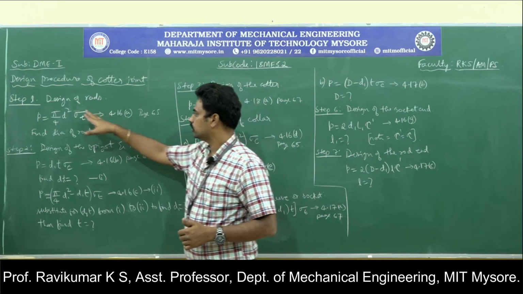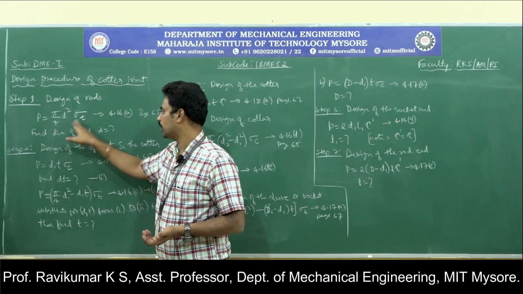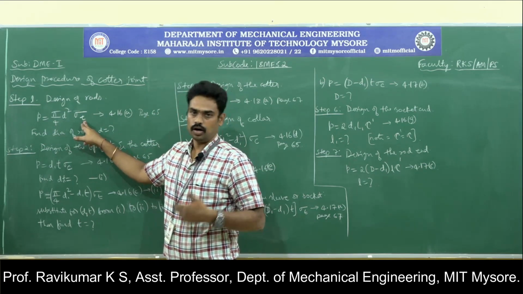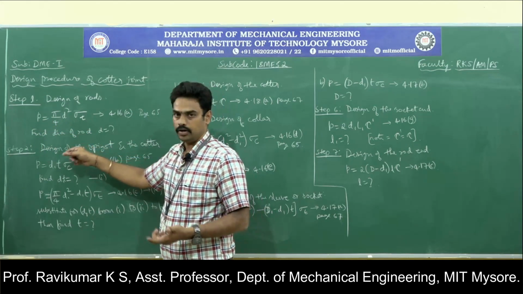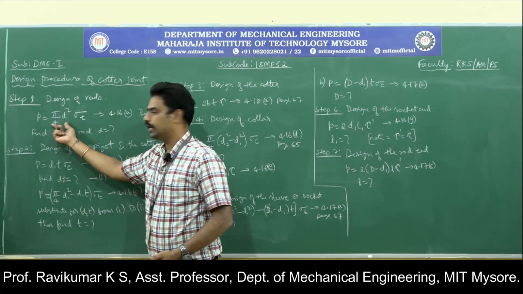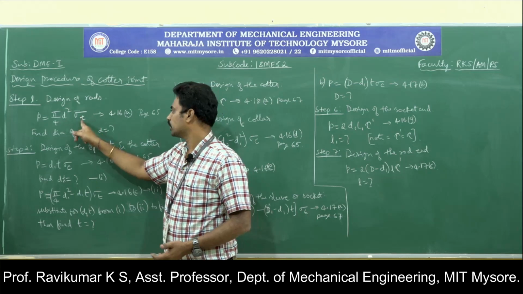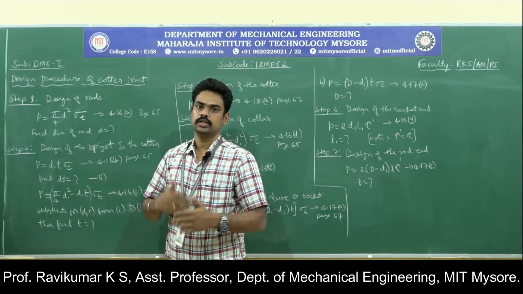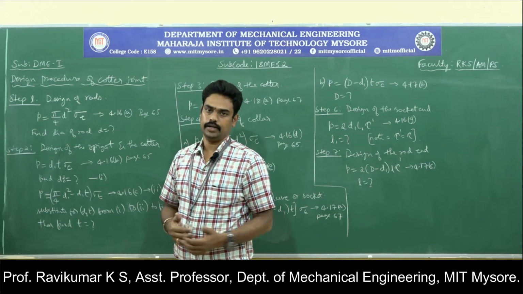The diameter of the rod can be calculated using the formula load is equal to area into stress, or stress is load by area. As I explained earlier, I have taken load on the left hand side and area multiplied by the stress. Here I need to substitute the stress as the tensile stress of the rod material.